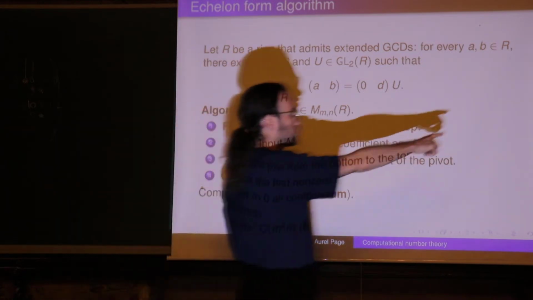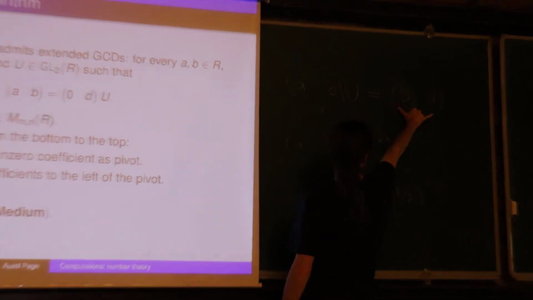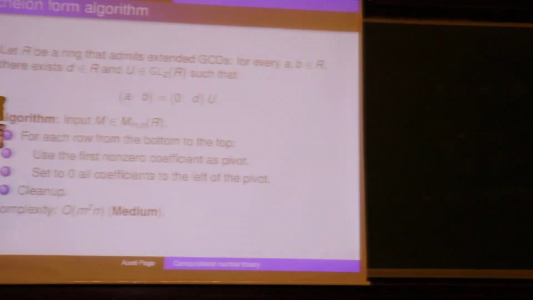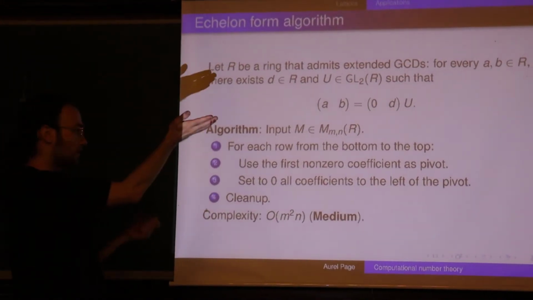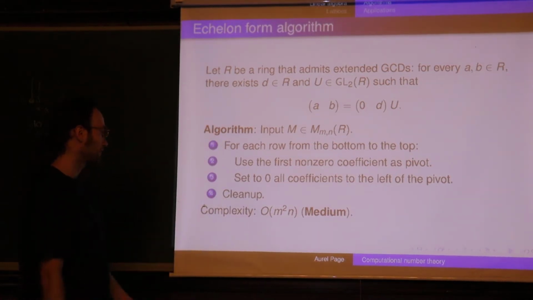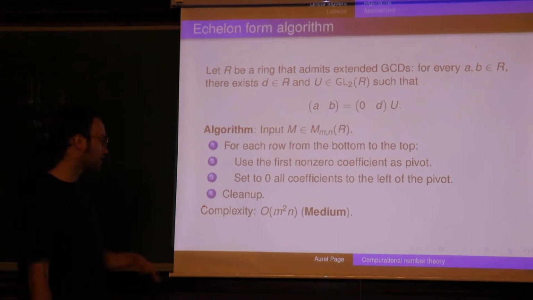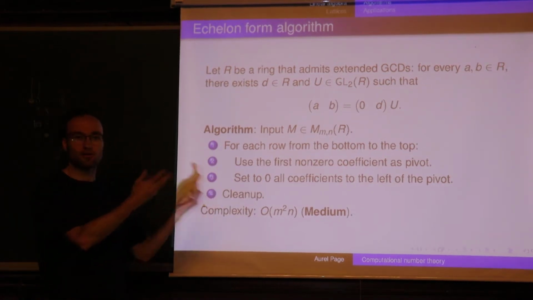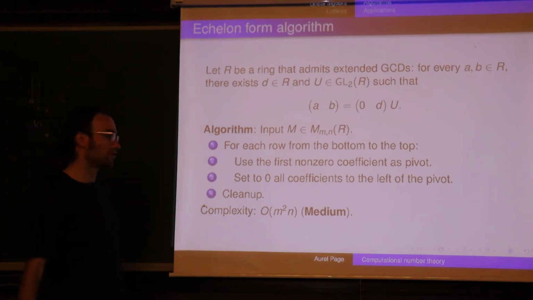And using elementary operations like this, you can replace a pair of coefficients like this by a 0 and something else. And this way you can put zeros everywhere to the left of your pivot. And then you go to the next row, you choose a new pivot, you put zeros on the row, etc. And this will produce the echelon condition, and then you do some cleanup depending on the extra conditions that you have, like reducing coefficients modulo the pivot, etc.